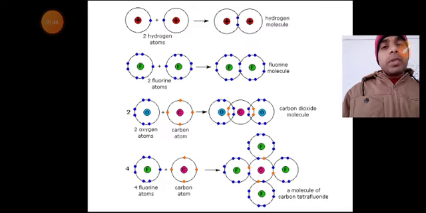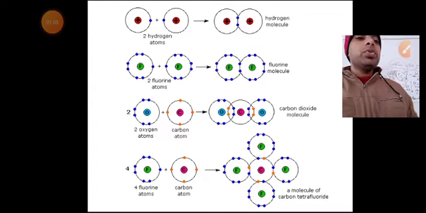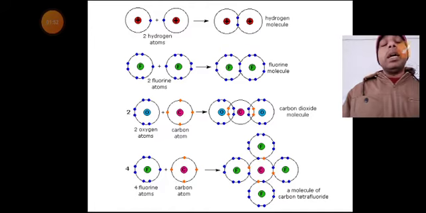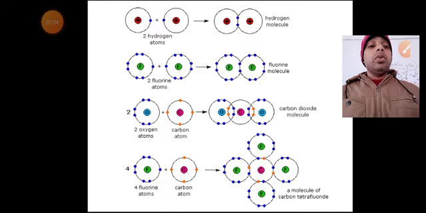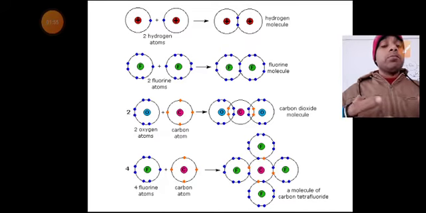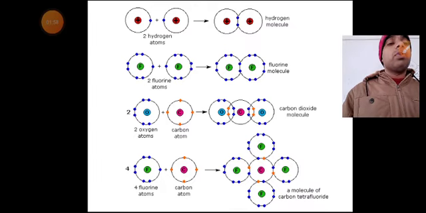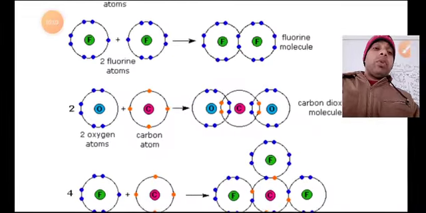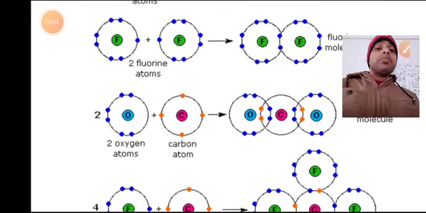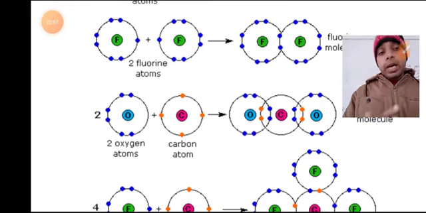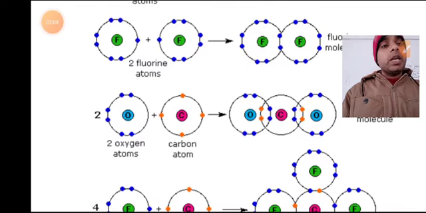Now, the fluorine molecule. First of all, if you are going to write any Lewis structure, showing whether a single bond or a double bond will form, you definitely require the element's atomic number and its electronic configuration.